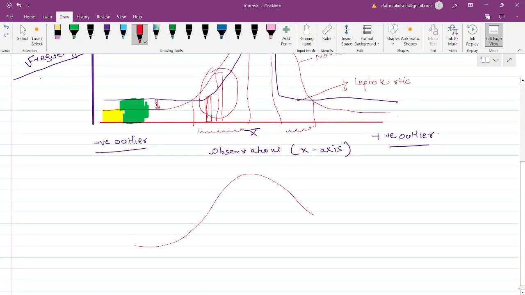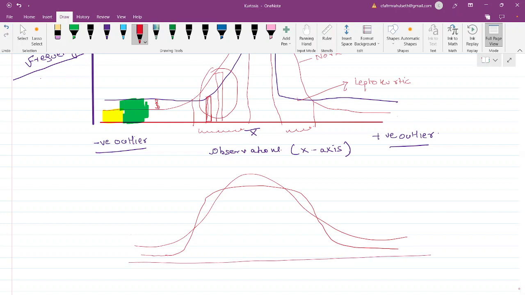So this is say your normal distribution. Then your platykurtic distribution is going to look like this. See, it has thinner tails than your normal distribution.